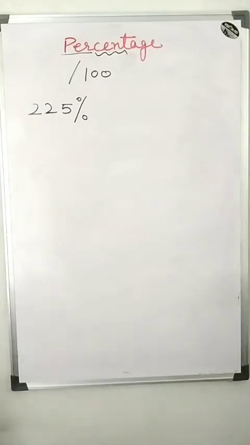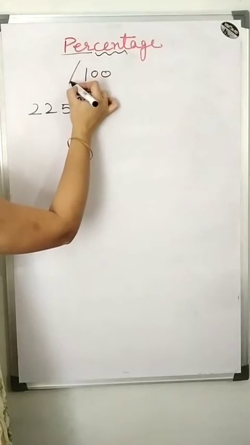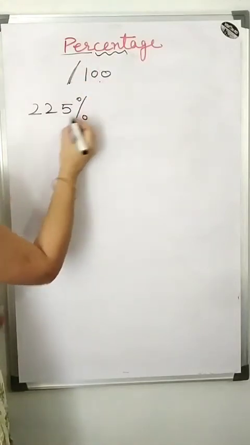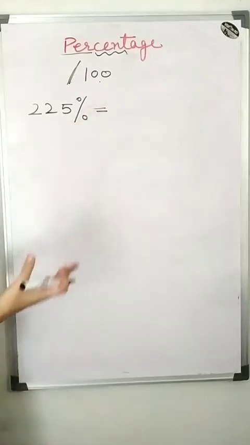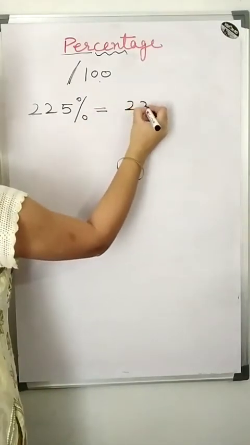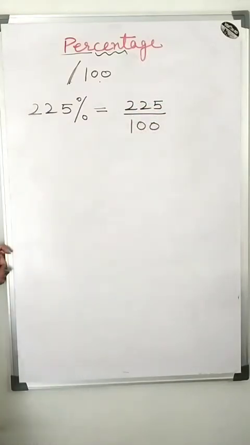Then I want to convert this number into a fraction. How do I convert this one? Because percentage means divide by 100, it is 225 upon 100. Now just see this one.